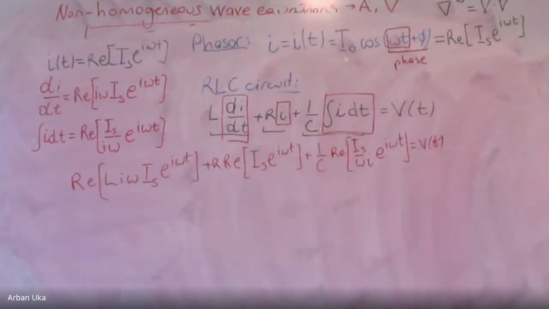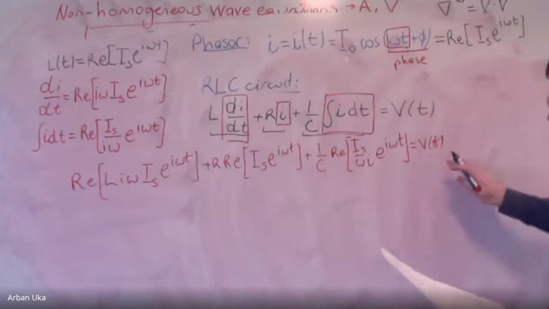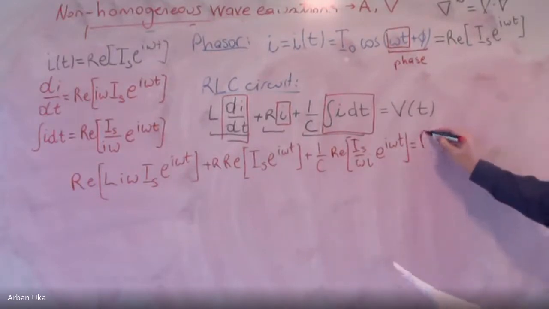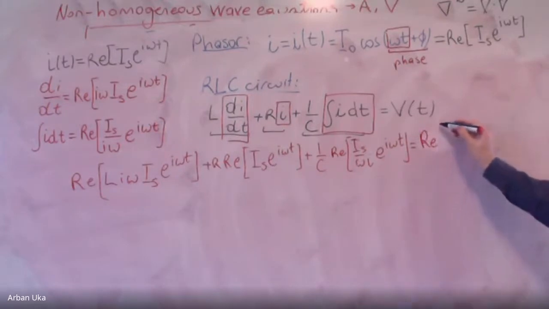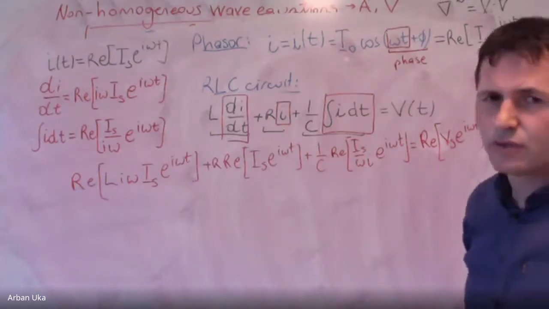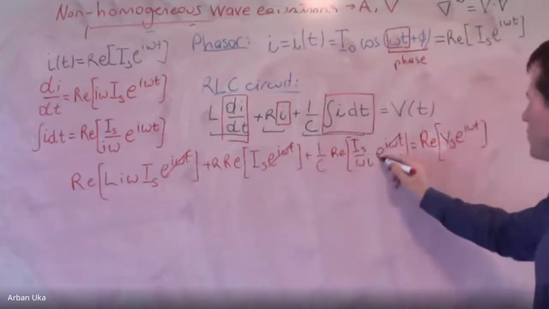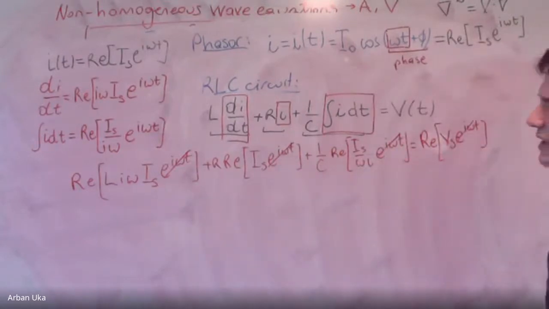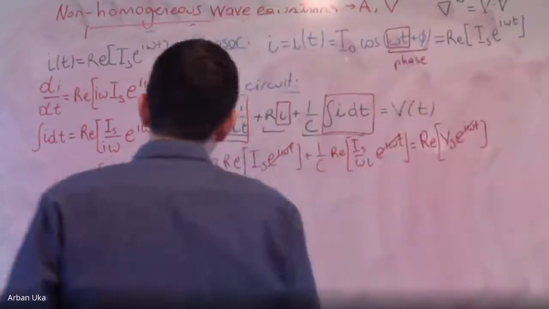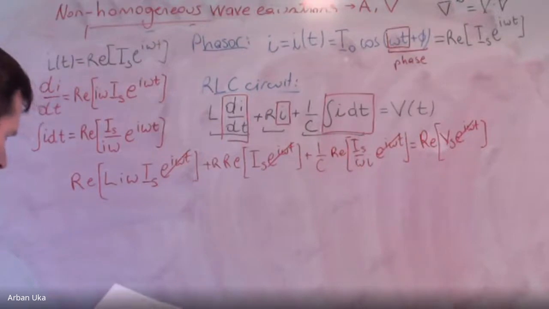So if this is the case, let's write this V(t) also as the real part of the phasor of the potential, e to the power i omega t. In few textbooks or many textbooks, instead of i, you can notice also j. They are both square root of -1. And here we see that the time factor, if we use the phasor notation, can be cancelled everywhere.